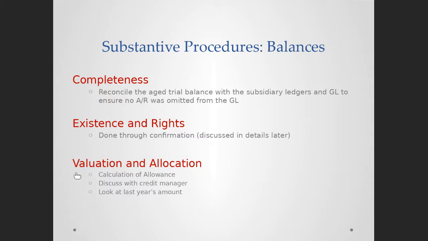The next thing is checking the valuation and allocation of the accounts receivable by looking at the calculation of allowance. The allowance for uncollectible is calculated based on certain formulas that the client uses, looking at what is the normal collection in the industry, what is the normal collection for the client, what happened in the past. So you do the calculation following those guidelines, and make sure that the client's calculation is reasonable.